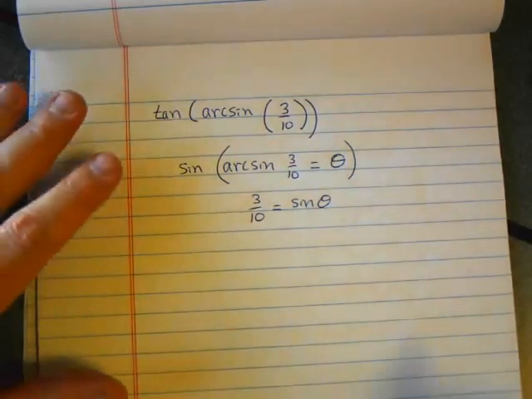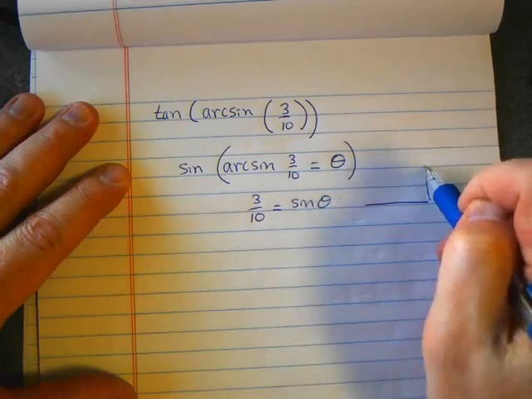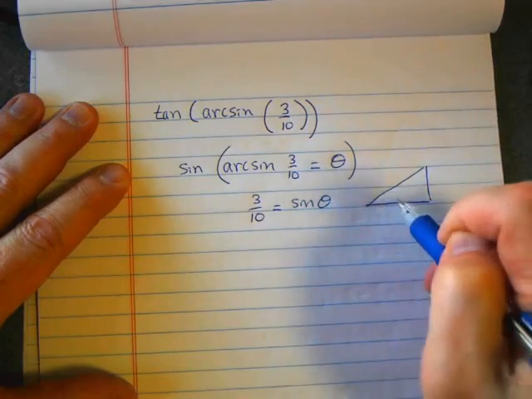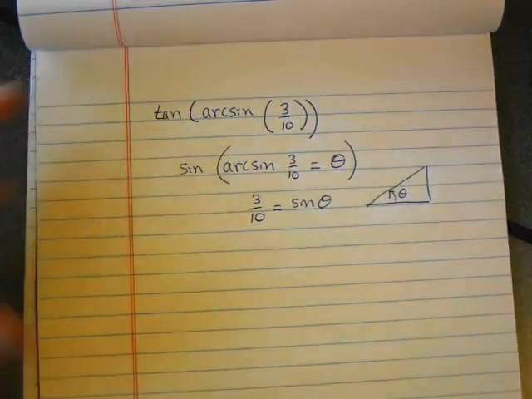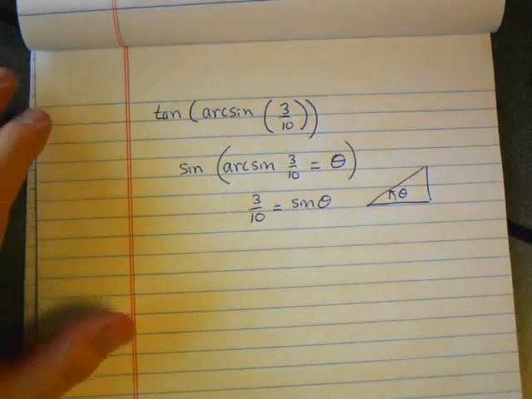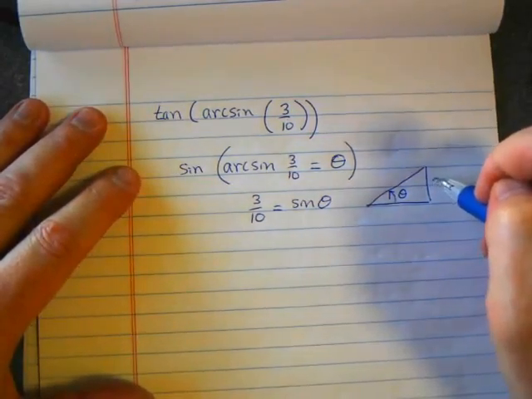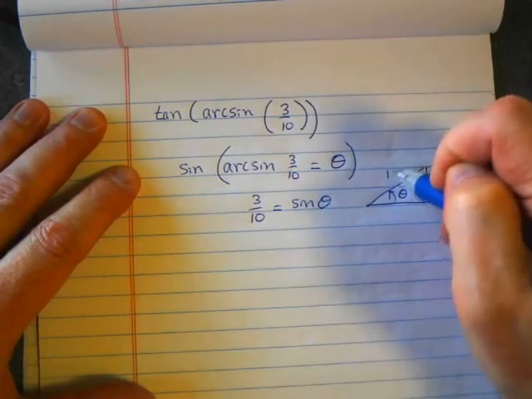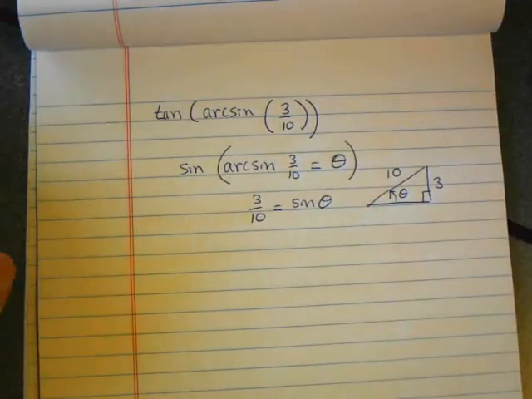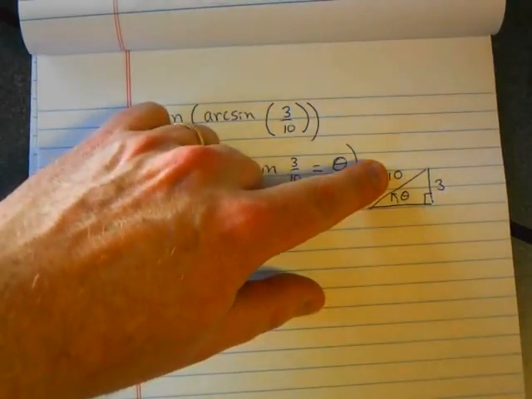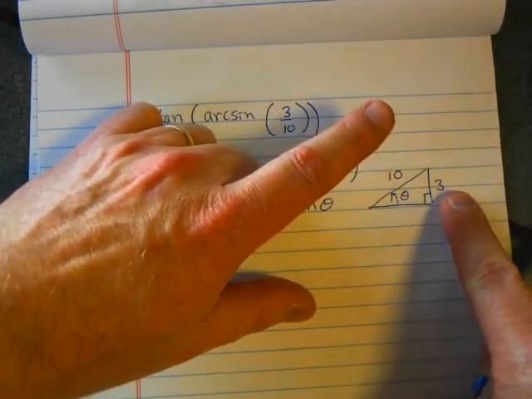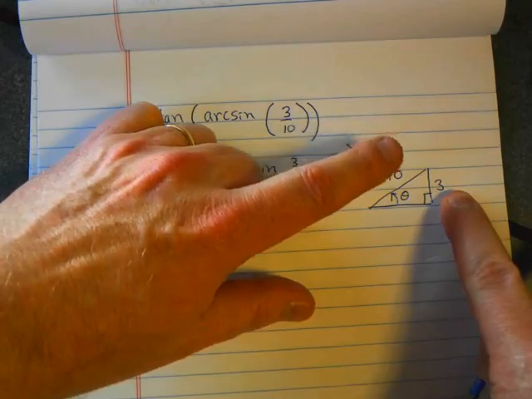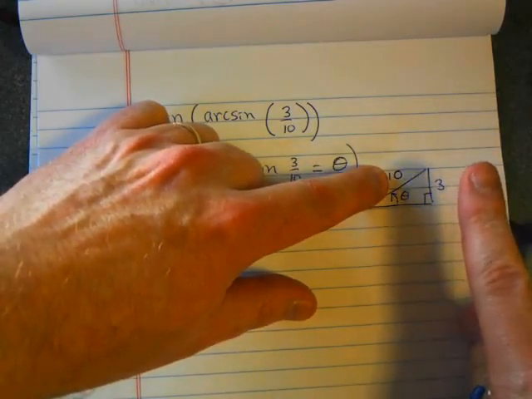I draw myself a triangle. There's theta. How would I label this triangle? Opposite is 3. Hypotenuse is 10. Pythagorean theorem, I'm going to have 10 squared minus 3 squared. So that's 100 minus 9.